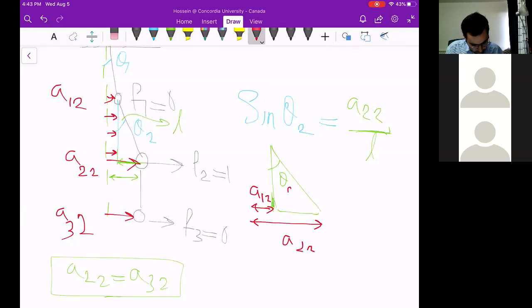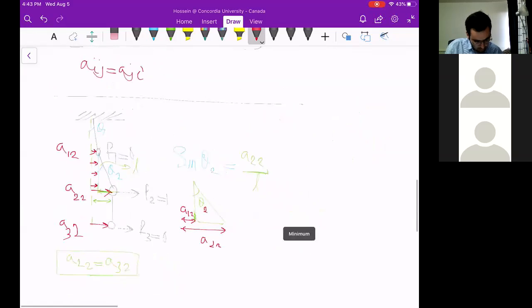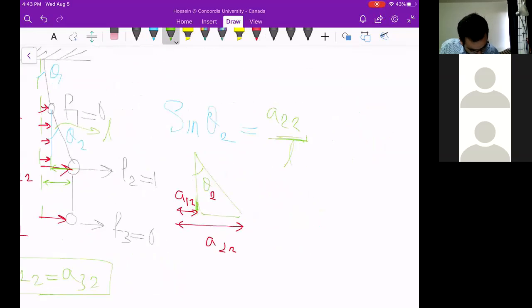Therefore, sine of theta 2 is A22 minus A12 over L. This is the important step you have to take in order to find A22.